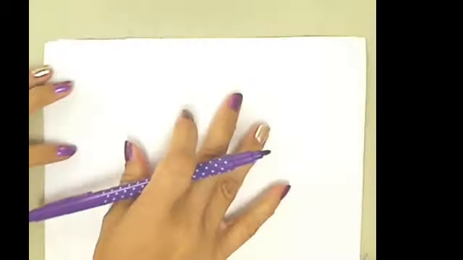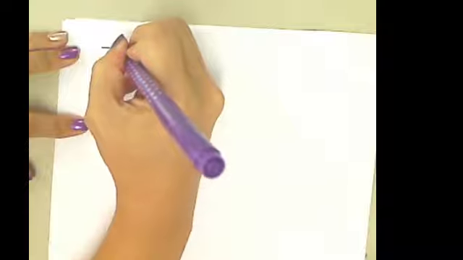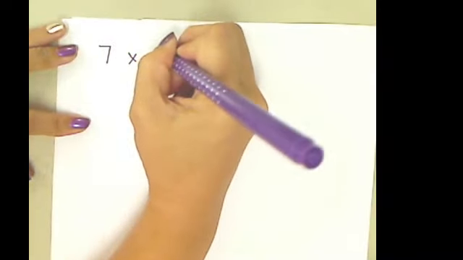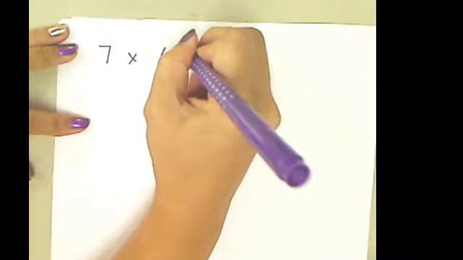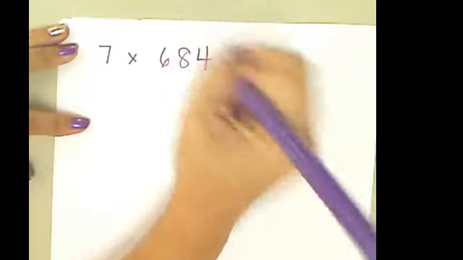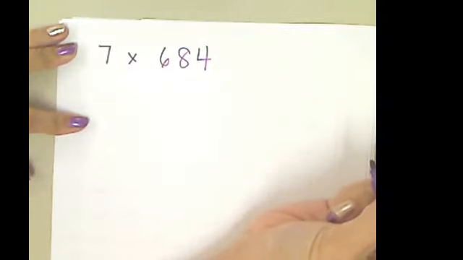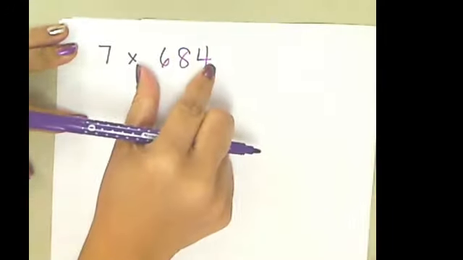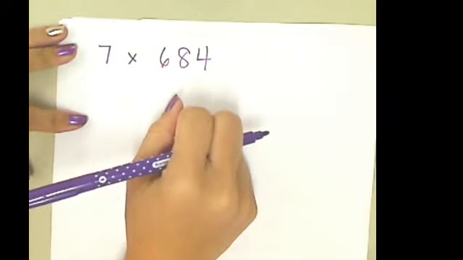All right, so let's say my problem is 7 times 684. Okay? How do we expand this number, 684?